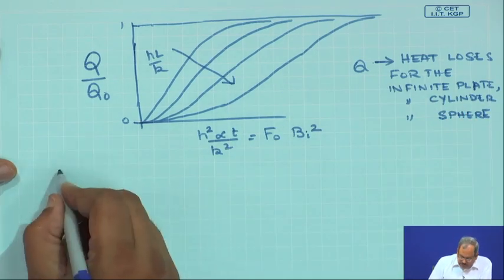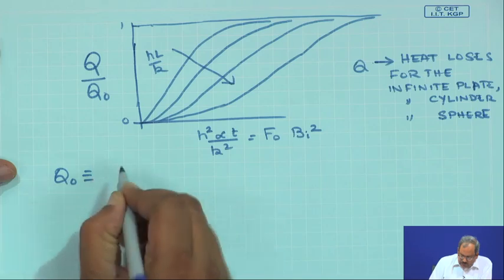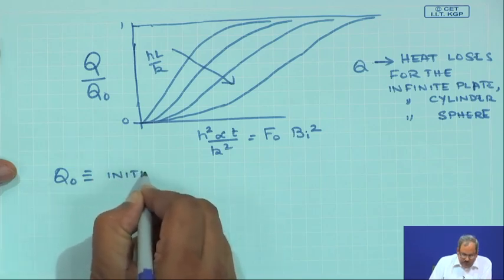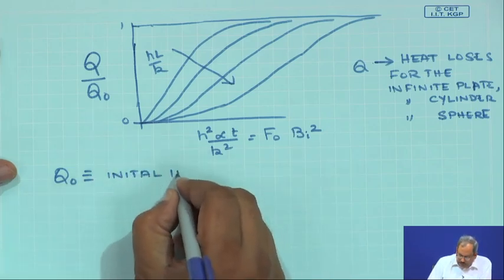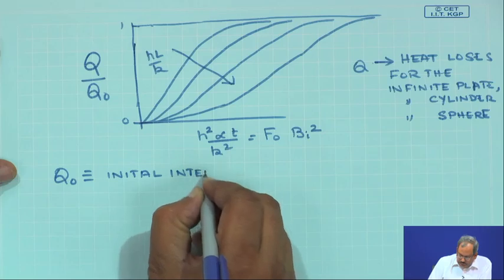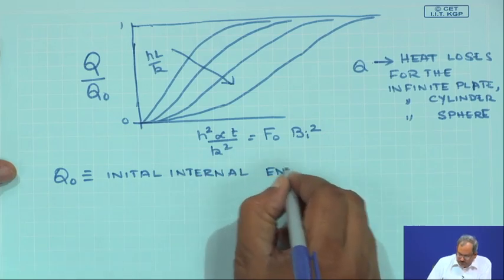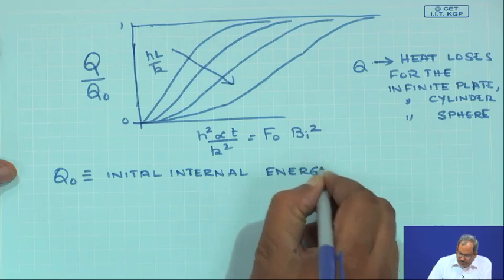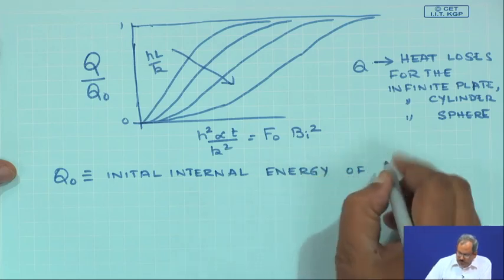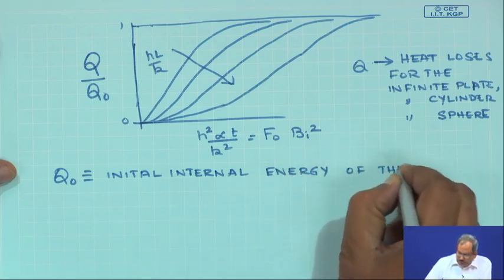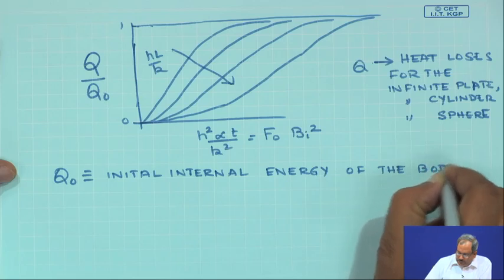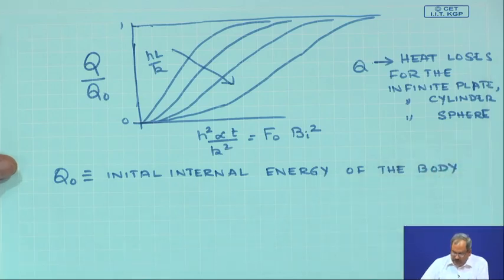And Q 0 is the initial internal energy of the body. We know that initially the entire object is at a temperature of Ti, which is the same everywhere, a constant.